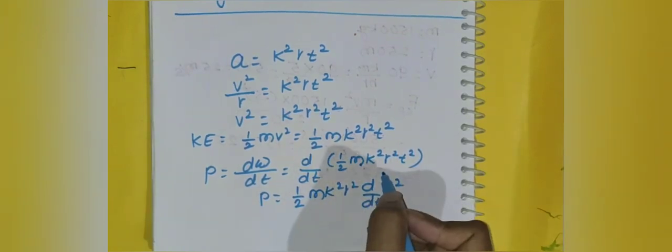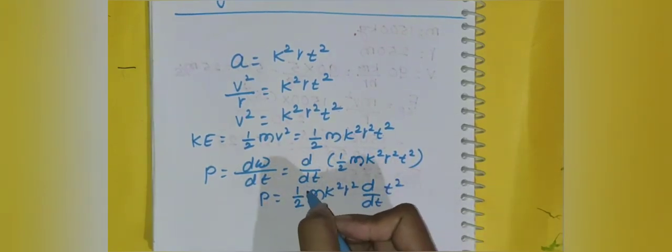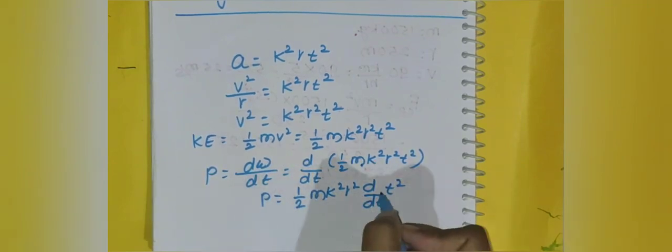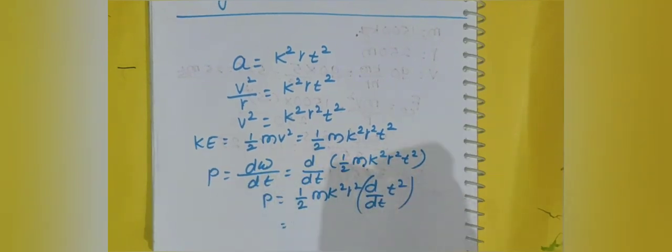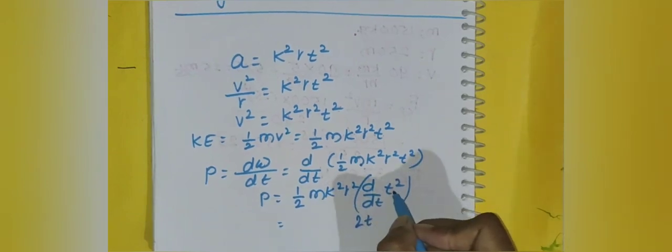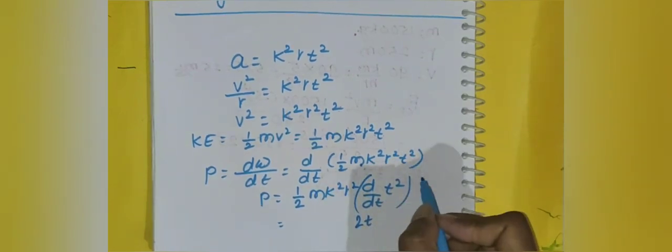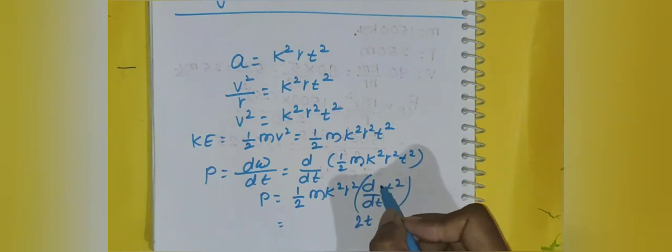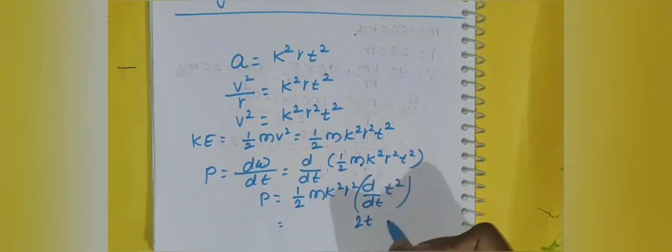We take the constant aside, and differentiate t square with respect to time. From the formula, the derivative of x raised to n is n x raised to n minus 1, so the differentiation of t square is 2t.